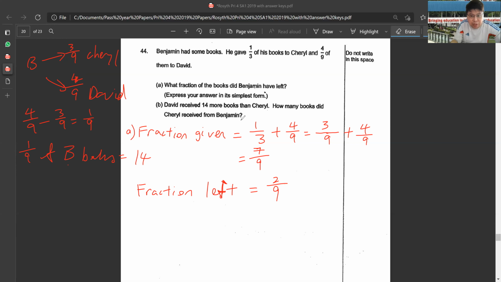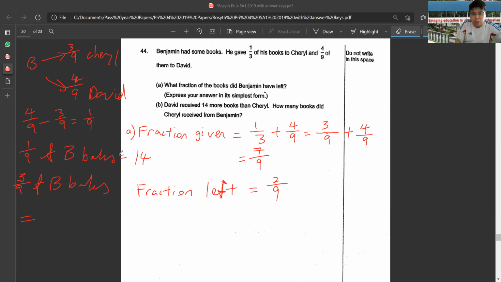How many books did Cheryl receive from Benjamin? Cheryl received 3 over 9, right? So how many books did she receive? 1/9 is 14, right?